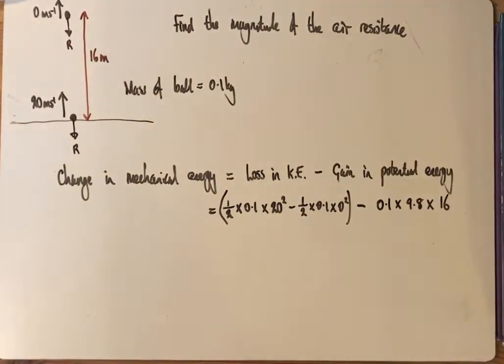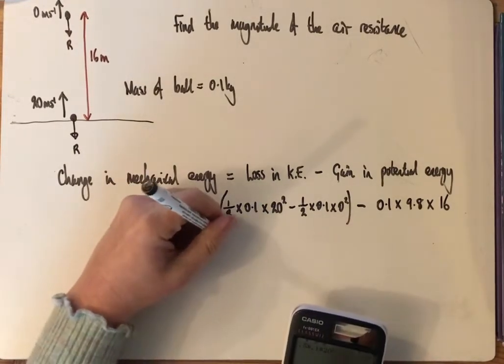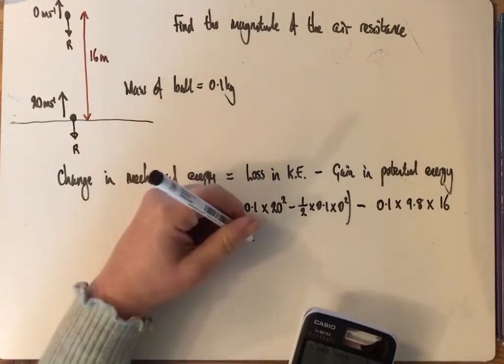So if we work all that through, 0.5 times 0.1 times 20 squared is equal to 20, and then I'm taking away 0.1 times 9.8 times 16, which is 15.68.